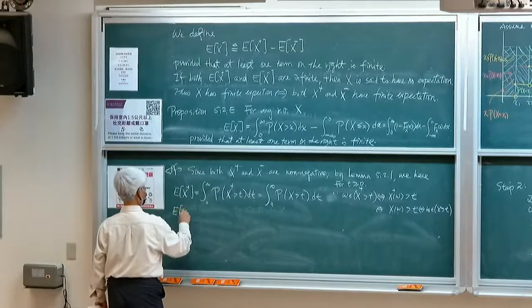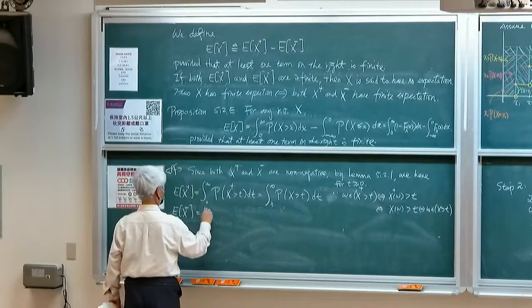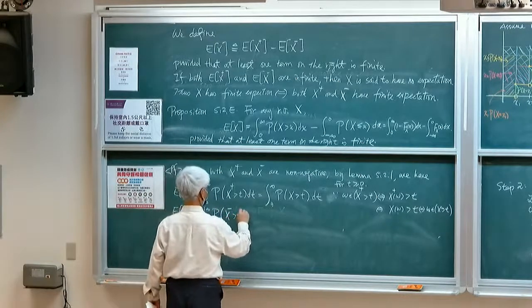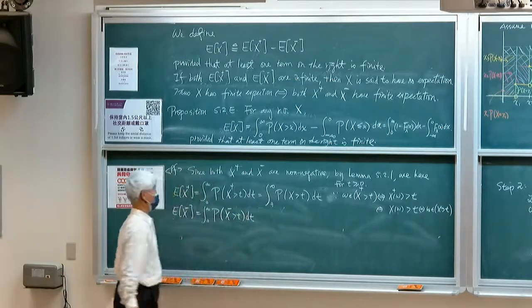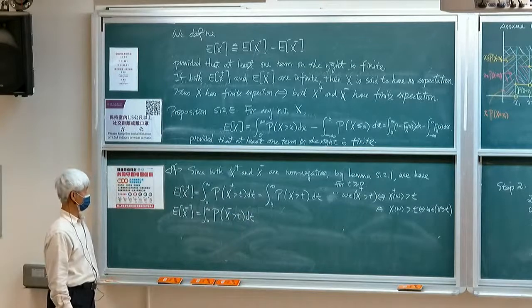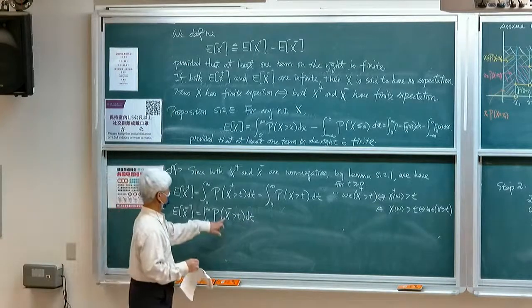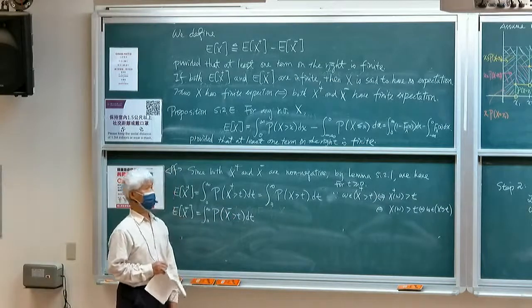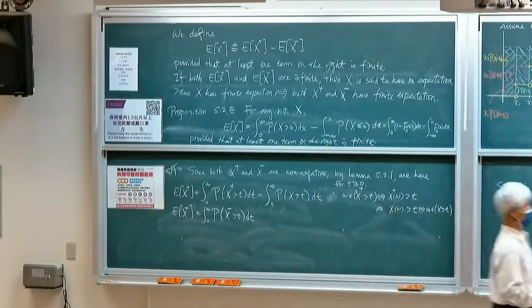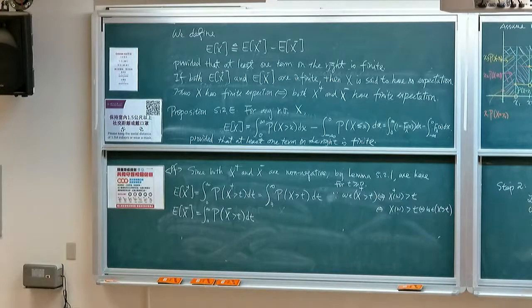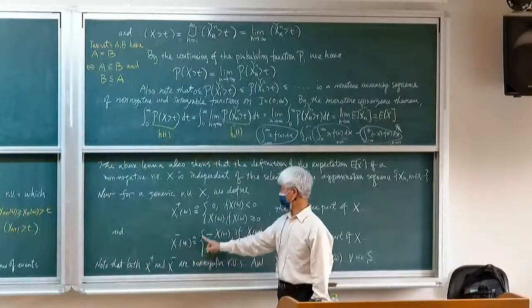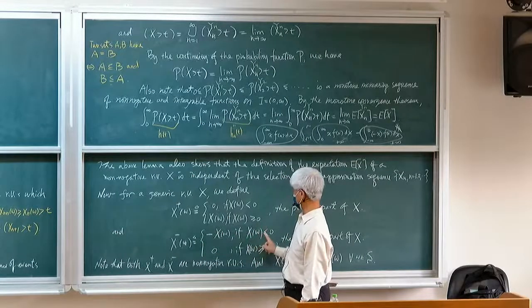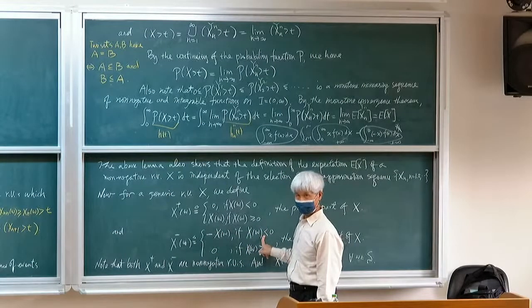Now, similarly, the negative part is positive if and only if the original value X of omega is negative, right?